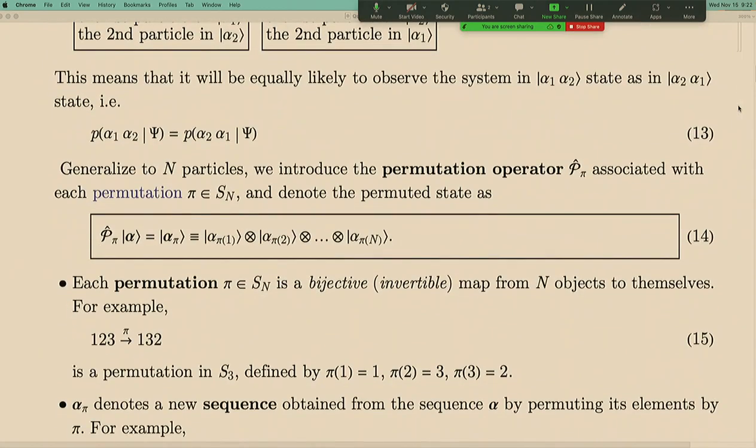So how do we realize a wave function whose probability distributions on alpha 1, alpha 2, and on alpha 2, alpha 1 are the same? The idea is to introduce a permutation operator.